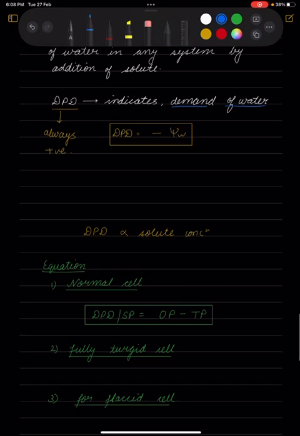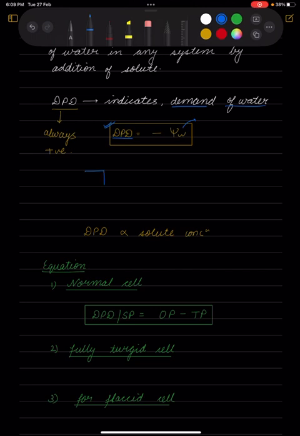Diffusion pressure deficit is always the negative of water potential. Water potential is generally 0 in the case of pure water, and it is generally negative in a solution. So if diffusion pressure deficit is the negative of water potential, it is always positive.